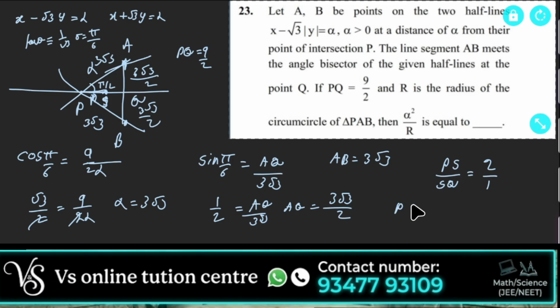So PS is equal to 2x and SQ is equal to x. So 2x plus x, that is PS plus SQ, is equal to the PQ length, 9 by 2.